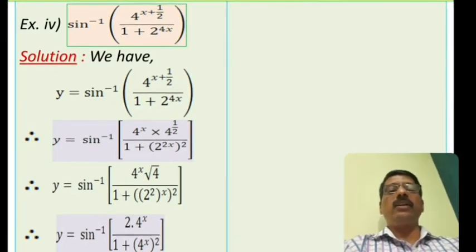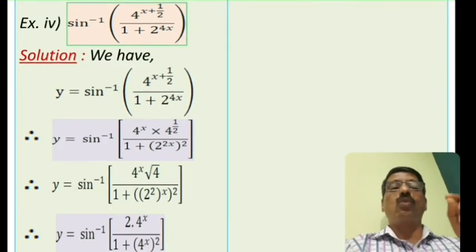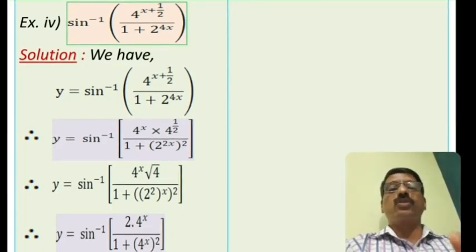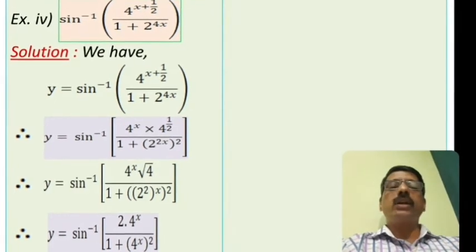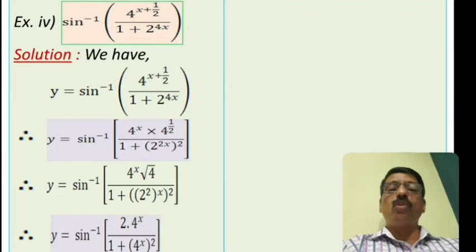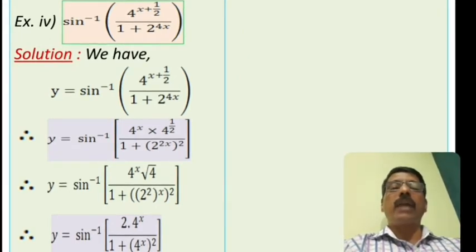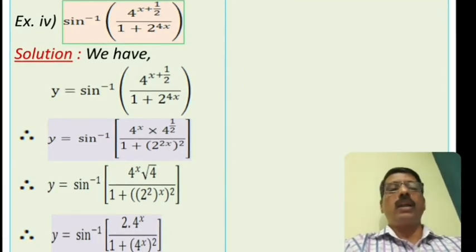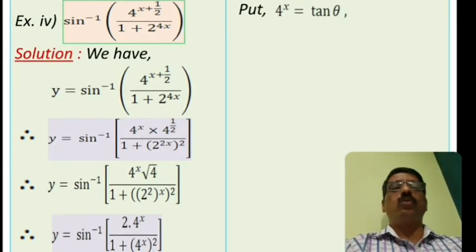And then here in the numerator and denominator we have 4 raised to x as a common term. Then we have to substitute our substitution. Which substitution do we have to use here? We substitute 4 raised to x equal to tan theta, then we get 2 into tan theta upon 1 plus tan theta bracket square, that is tan square theta.